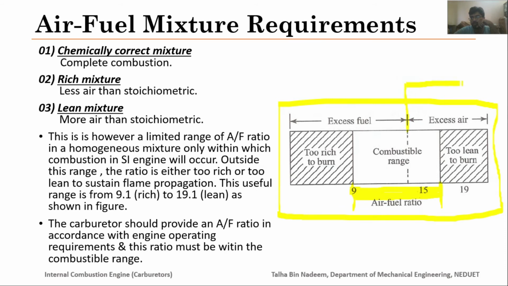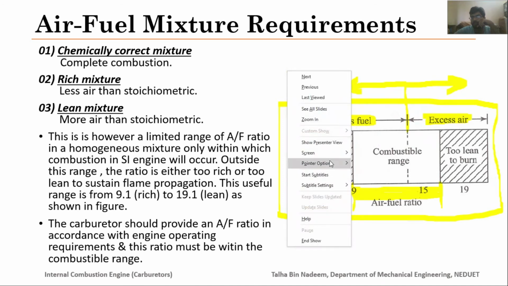From here to here you have a lean mixture. You have excess air, and by the word excess air it means you have a lean mixture. And from the stoichiometric point to the left side you have excess fuel, and by the word excess fuel it means you have a rich mixture.